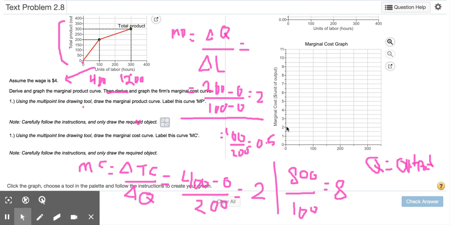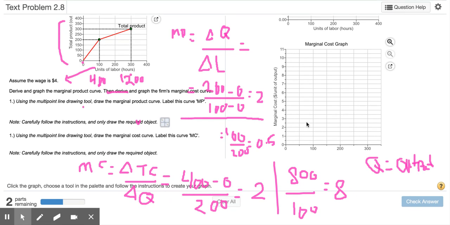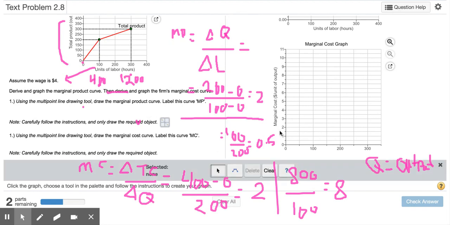Now, when we draw the marginal cost curve, remember that on the horizontal axis we have output, Q. From 0 to 200, marginal cost is equal to 2.